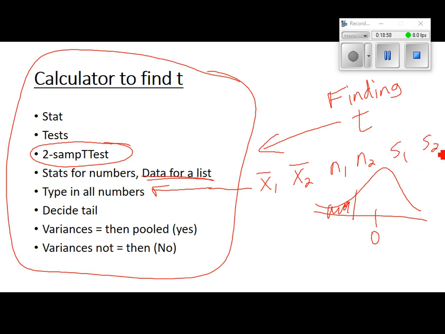Is that right? Those 6 things. Tell them which tail it is, and tell them whether it's pooled or not pooled. Remember, if the variances are equal, then yes. If variances are not equal, then no. What is S? Standard deviation, same as sigma. It's just since we're doing small samples.